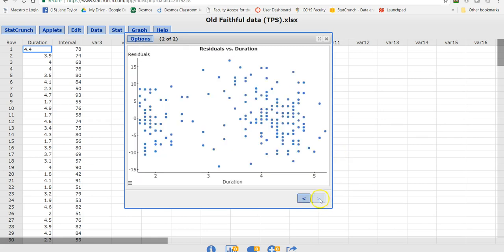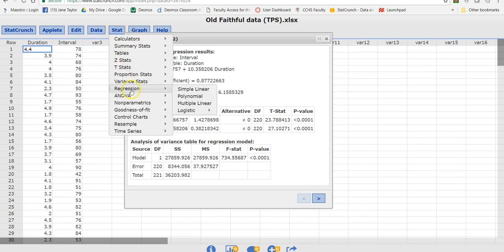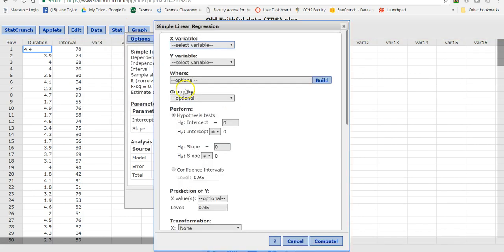And then here's the actual, oh, I forgot to do one thing. I thought I had my fitted plot. So if I go to Stat, Regression, Simple Linear, let me do this again very quickly, sorry.